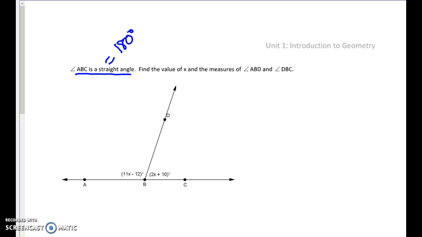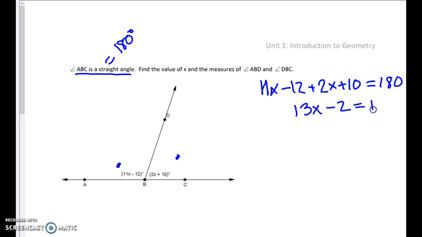My two parts are these two angles, ABD and DBC. So I'll say that 11x minus 12 plus 2x plus 10 equals 180. This gets me that 13x minus 2 equals 180, or 13x equals 182.